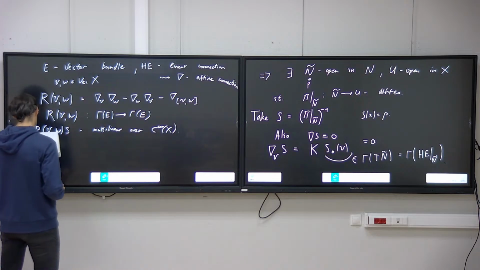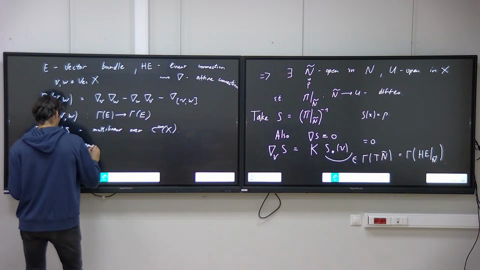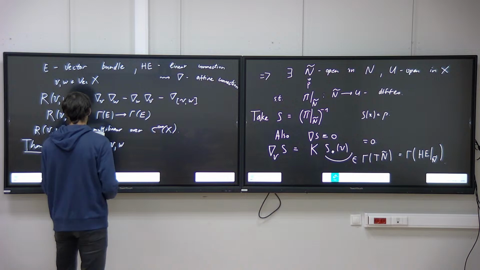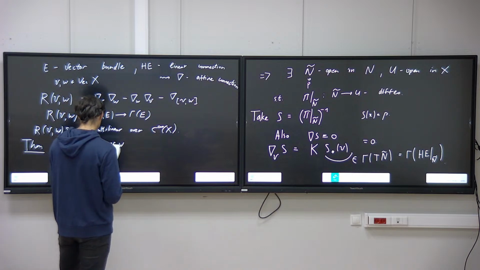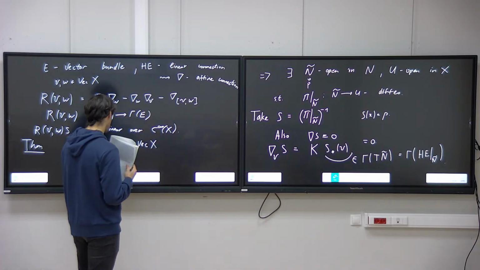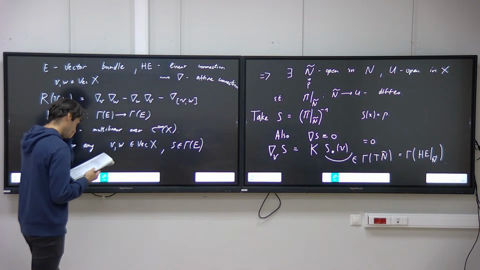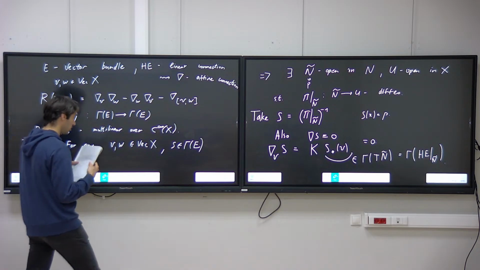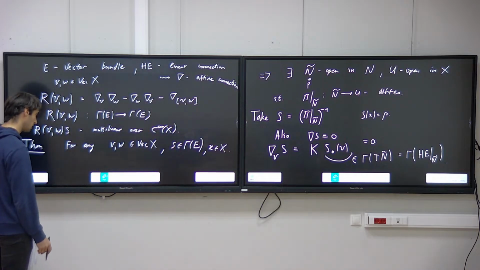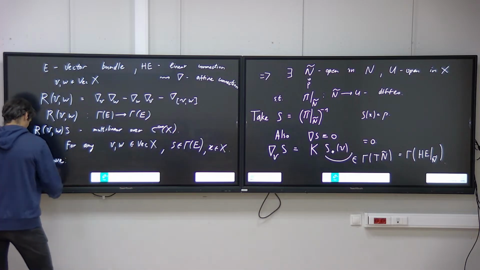So the theorem says that for any V and W, which are two vector fields on X, a section S of E, and a point X in my base manifold X, we have the following relation.